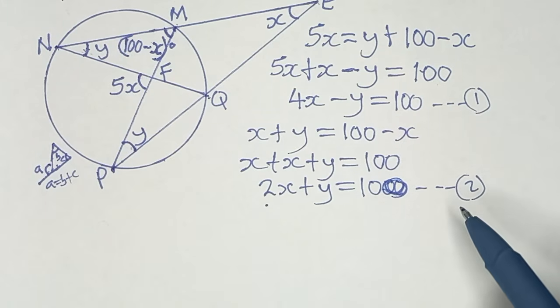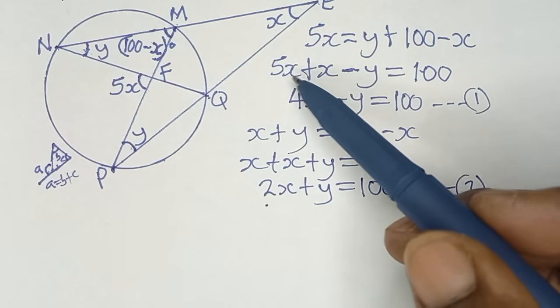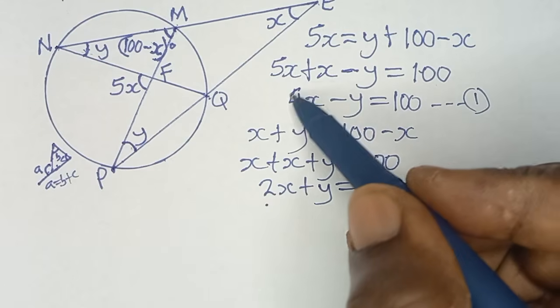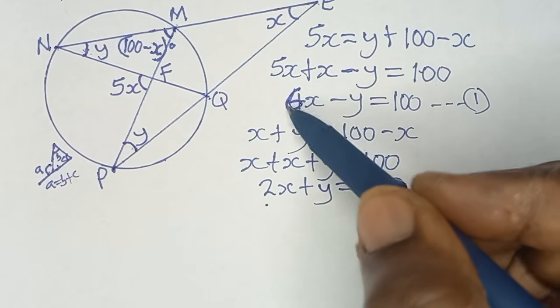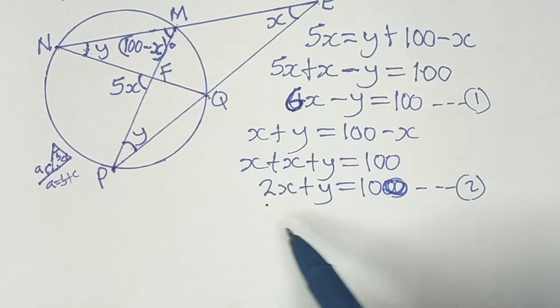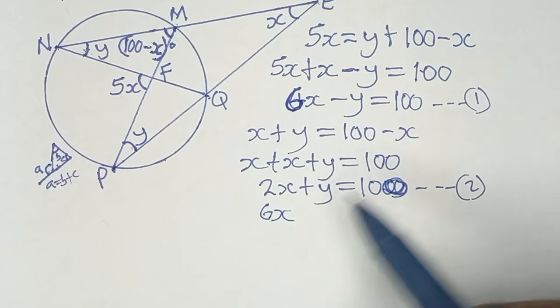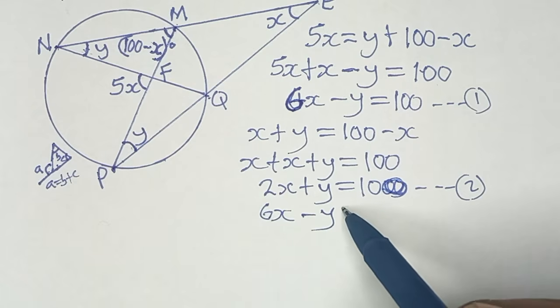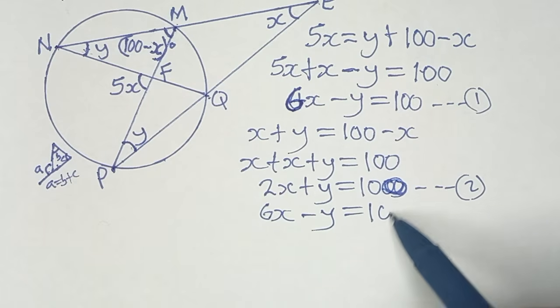Oh, sorry, I made a mistake in equation 1. 5x plus x should be 6x. Sorry for the mistake. So equation 1 should be 6x, then minus y, and that will be equal to 100.